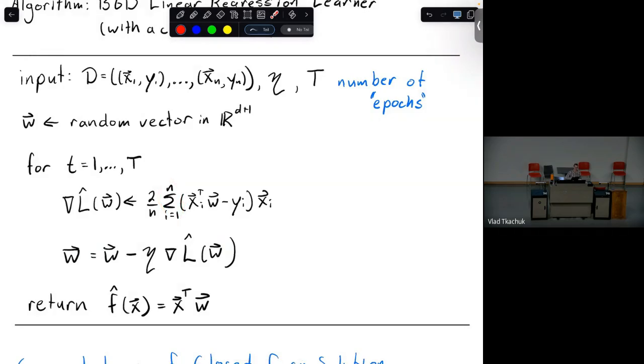Imagine your data set is 1 trillion words from the internet, or 1 trillion sentences or something. To take one step of this, you would have to compute this sum, you'd have to sum up 1 trillion things just to calculate one gradient and to take one step.